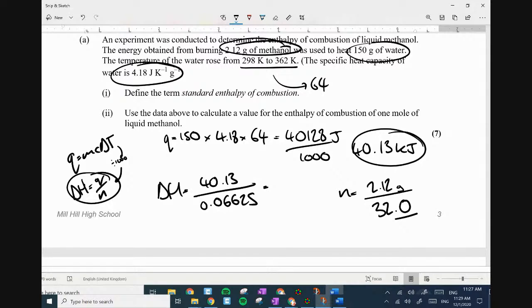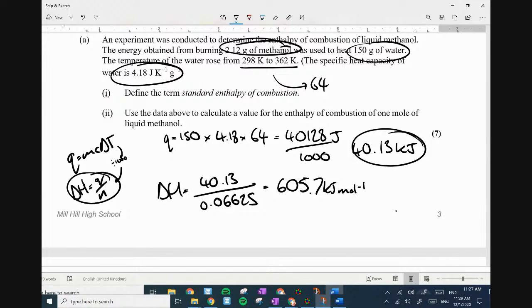Right, run it through. 40.13 divided by 0.06625. Right, and I'm about to lose the mark. The reason being is whenever you do this, the units are kilojoules per mole. So there's the answer, but the problem is I'm still wrong.